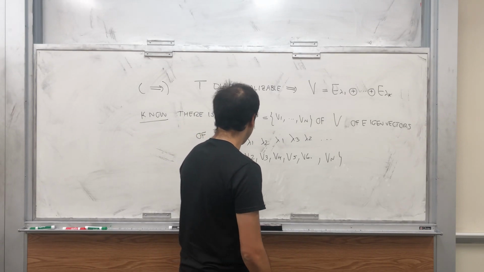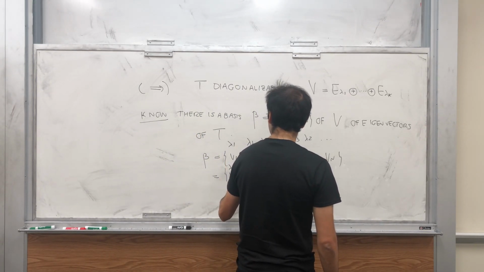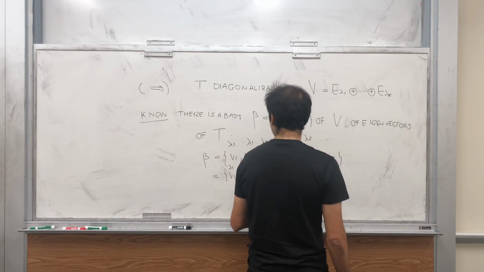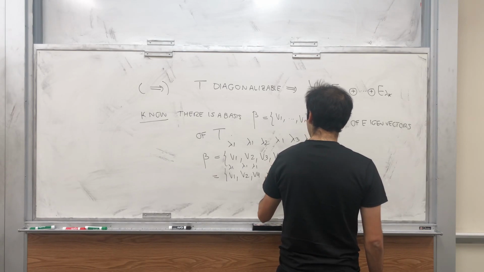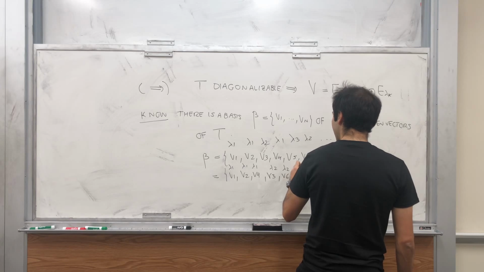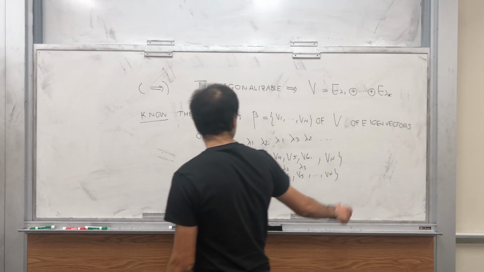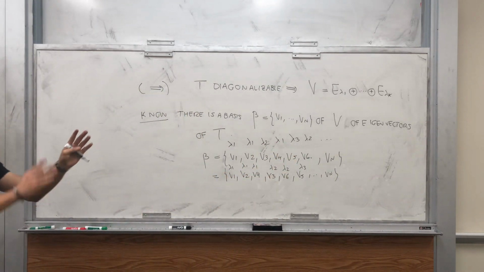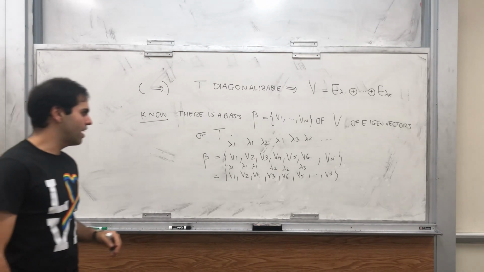So you have v1, v2, v4 might correspond to lambda 1, lambda 1, lambda 1, and then v3, v6 might be lambda 2, lambda 2, and then v5 might be lambda 3, up to vn. So you can always rearrange your basis so that it corresponds to the correct eigenvalue.